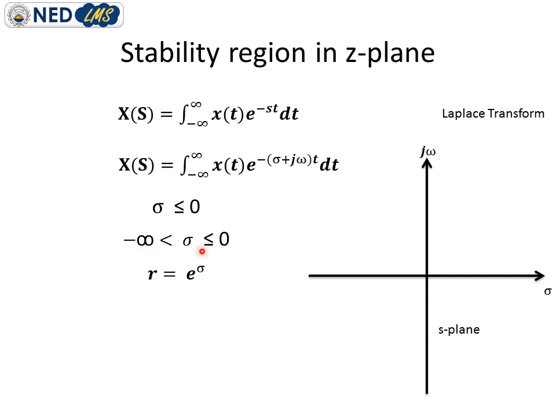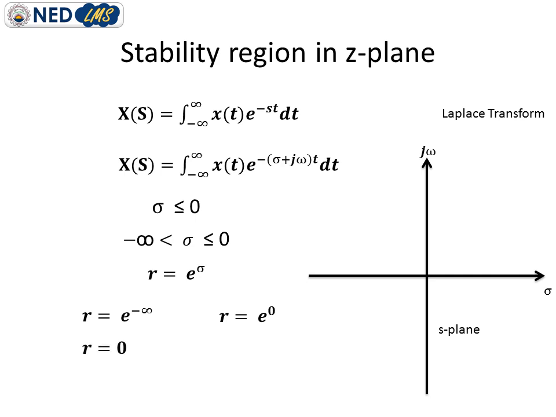So we have to remain in this range to make the system behave stably. So for this range, the first extreme is minus infinity, so I put sigma equal to minus infinity, and the other extreme is sigma equal to 0, so I put sigma equal to 0. In this way I will get to know the range of the stability region in Z plane.